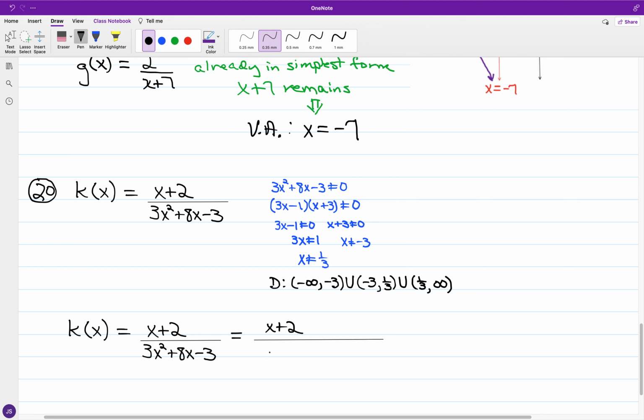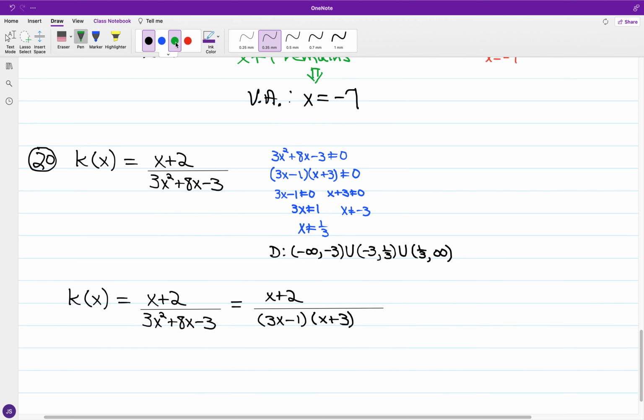Okay, so we got with the factors, okay, we have 3x minus 1, and we have times the quantity of x plus 3. Okay. And so there's no common factor, so this is already in simplified form.